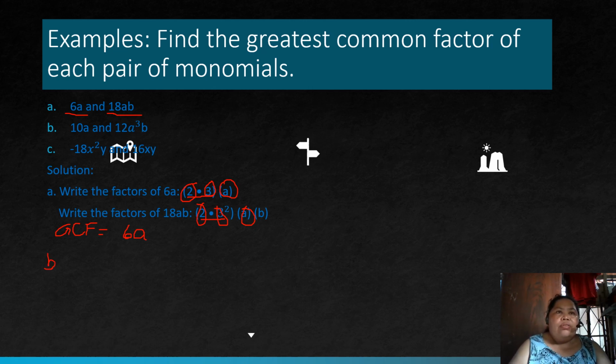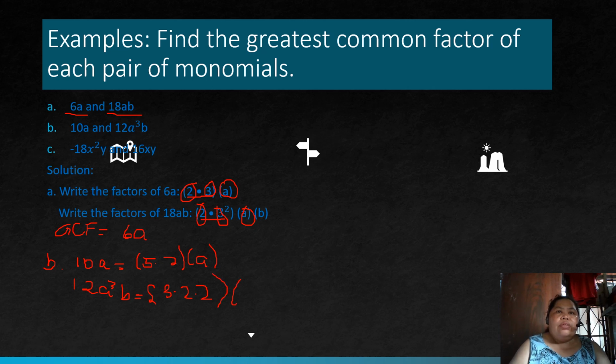Next, let's have now letter B. For letter B, we have 10a. Now, what are the factors of 10a? For 10a, we have 5 and 2, because 5 is a prime number. And of course, we have a. Next, we have 12a cubed b. For 12, we can write 3 times 4 or 3 times 2 times 2.